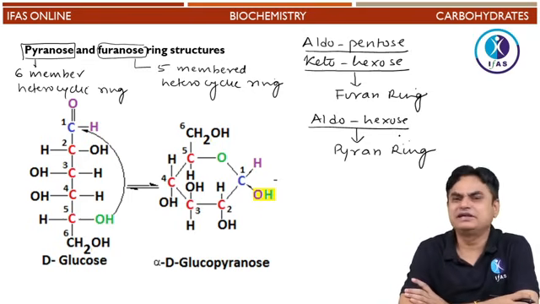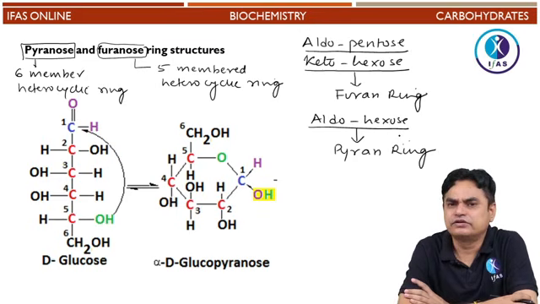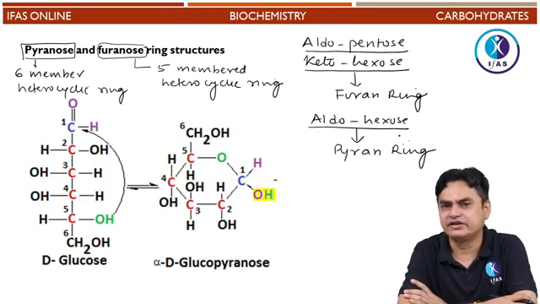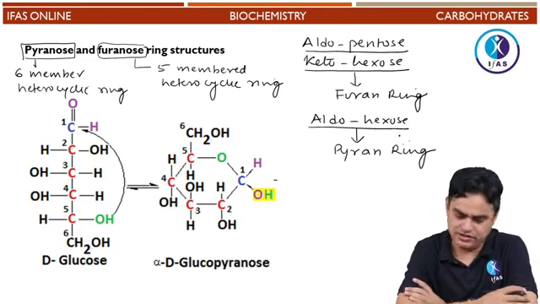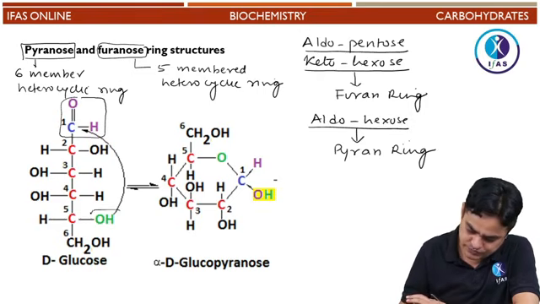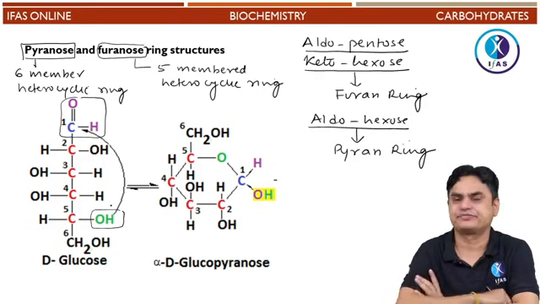Now, basically, the reason for the formation of pyran or furan ring is the fact that the aldehyde and OH group are very reactive.